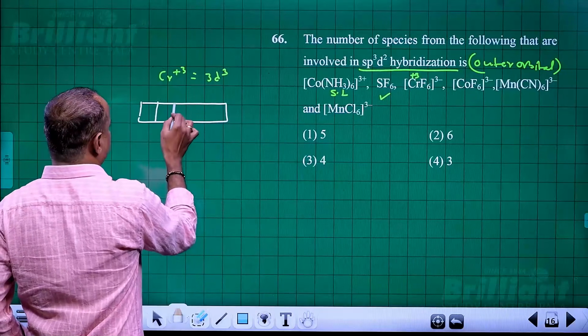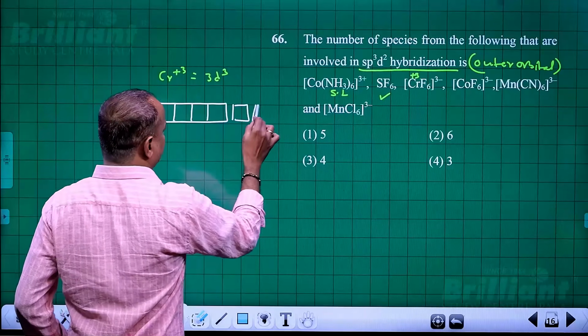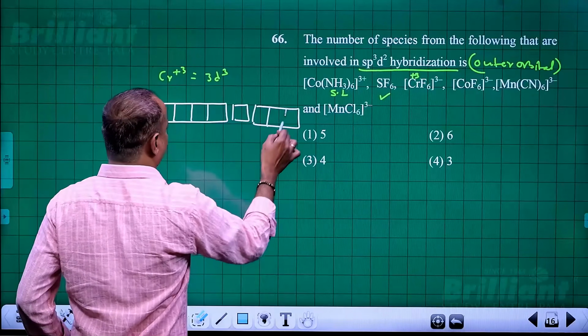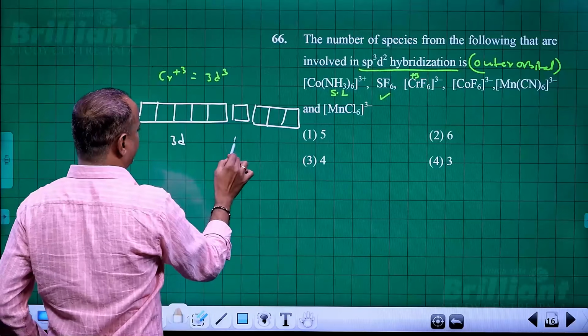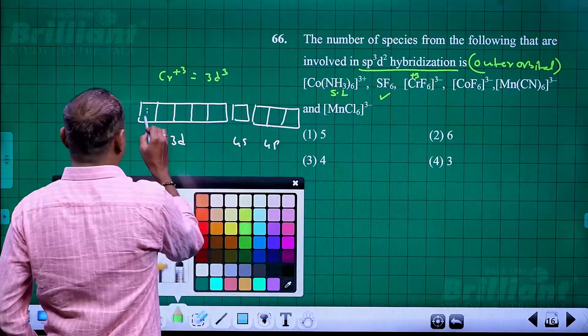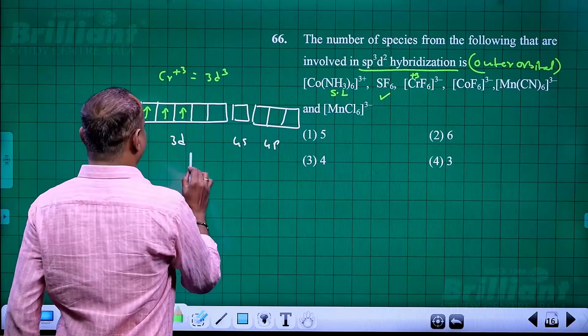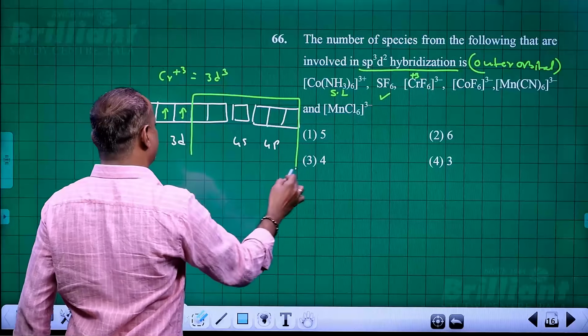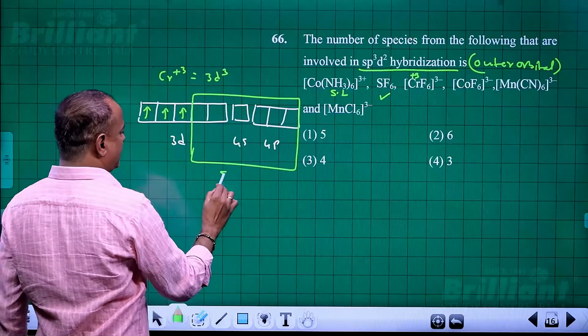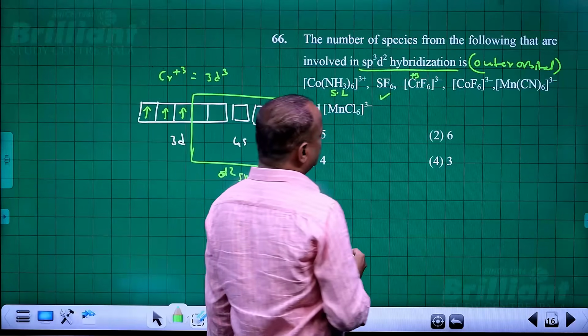Next, 4s and 4p are vacant along with 3d3. So, strong or weak, the configuration is the same. This part will undergo hybridisation, d2sp3. So it is not correct.